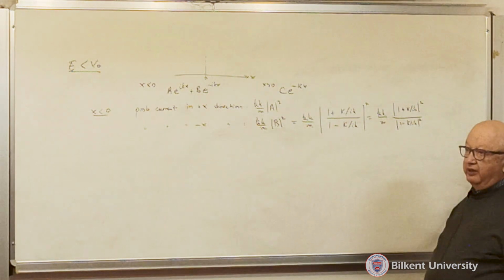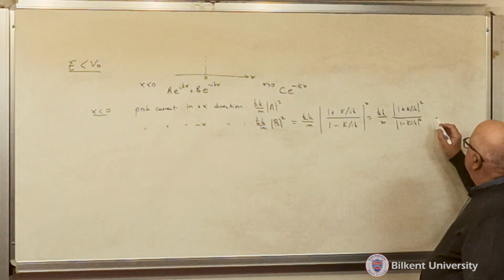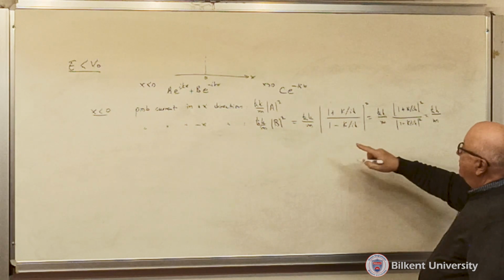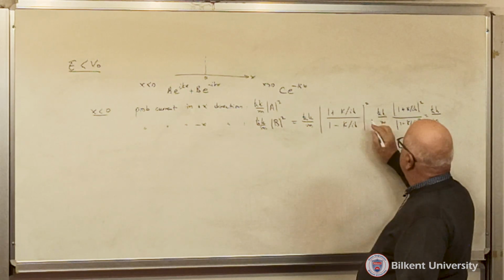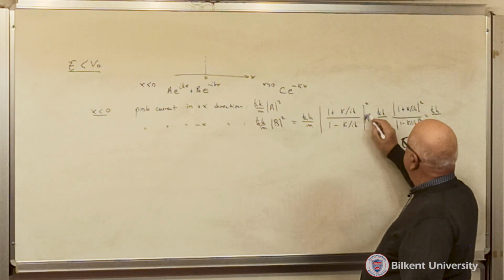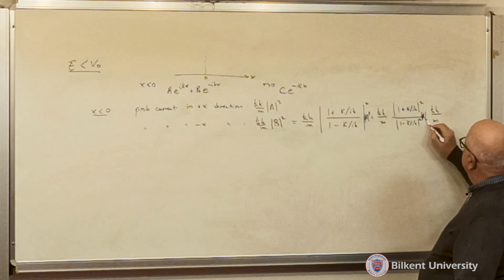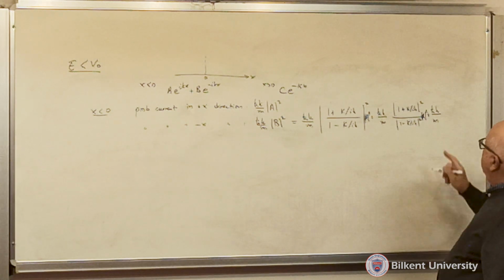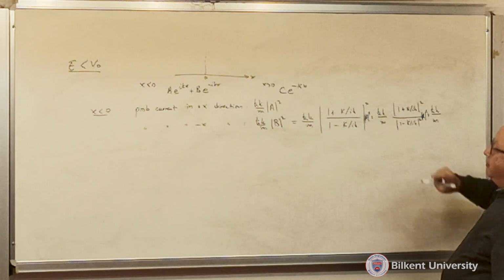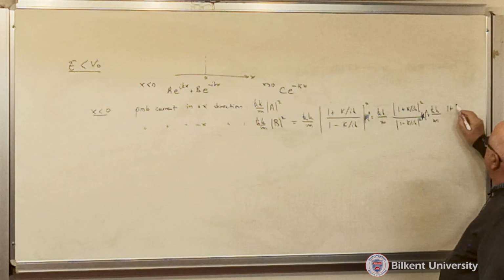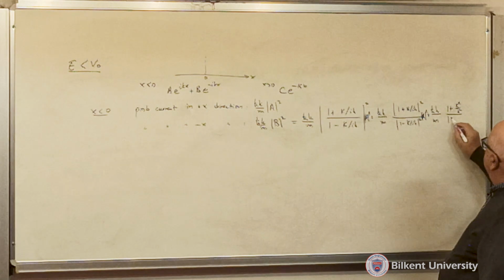So it has a real part and an imaginary part. It's just going to be h bar k over m. I forgot my a's, right? There's an a magnitude squared multiplying all of these things. The magnitude squared of the numerator is going to be 1 plus k squared over k squared, and I also have 1 plus k squared over k squared for the denominator.